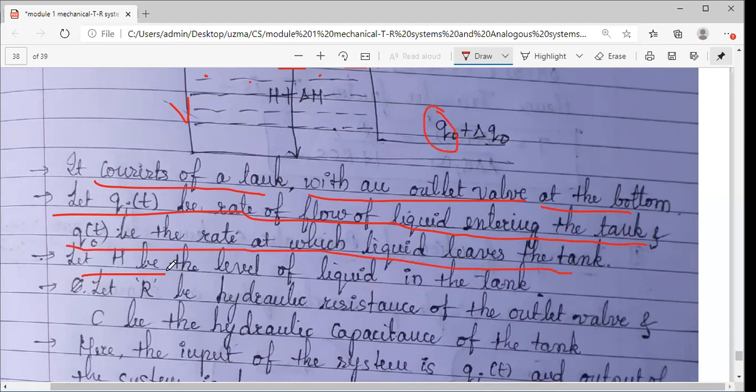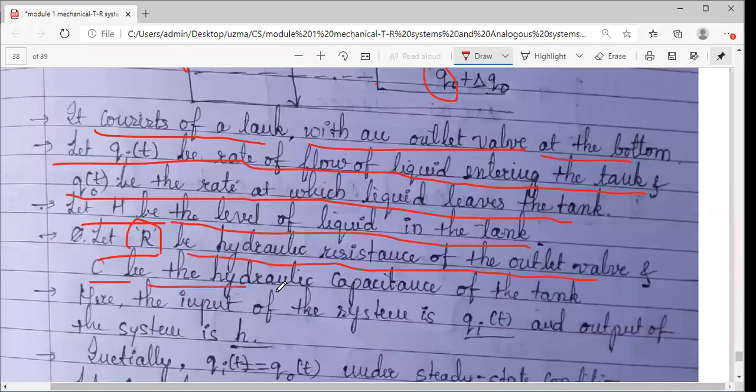And H is what? The liquid level inside the tank. Okay, वो height हो जाएगी, and it is varying. Let R, capital R indicates hydraulic resistance of the outlet valve. Okay, outlet valve, this capital R indicates the resistance, and capital C indicates the hydraulic capacitance of the tank, storage.